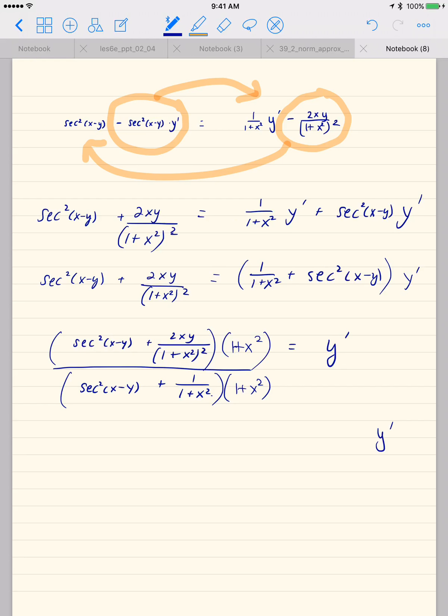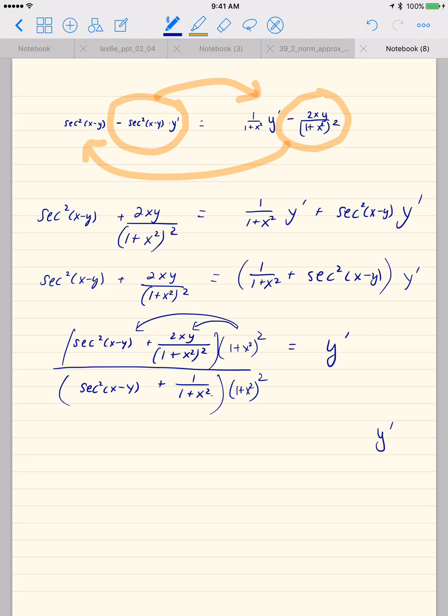Oh, this would be better. I'll just multiply the top and the bottom by 1 plus x squared, quantity squared. Okay, because if I multiply the top and the bottom by 1 plus x squared, quantity squared, I'll have to distribute it out, right?